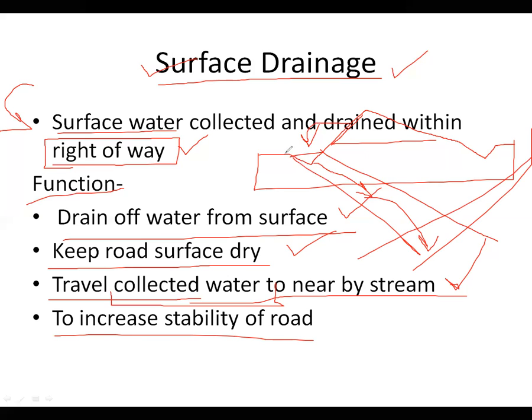Many times you have seen that after the rainy season there is much more damage to the road surface, so avoiding that damage and increasing the stability and the life of the pavement is done by this kind of drainage system. Okay.